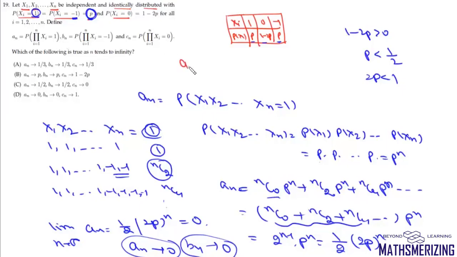That means the sum of an plus bn plus cn will be 1. Now the limiting value of an and bn is already 0. So from here we can say the limiting value of cn will then be 1. So the answer to this question is an tends to 0, bn tends to 0 and cn tends to 1, and that's your option number D.